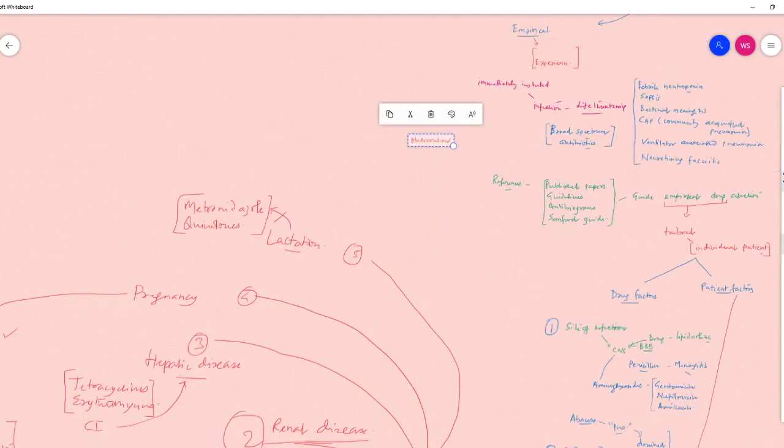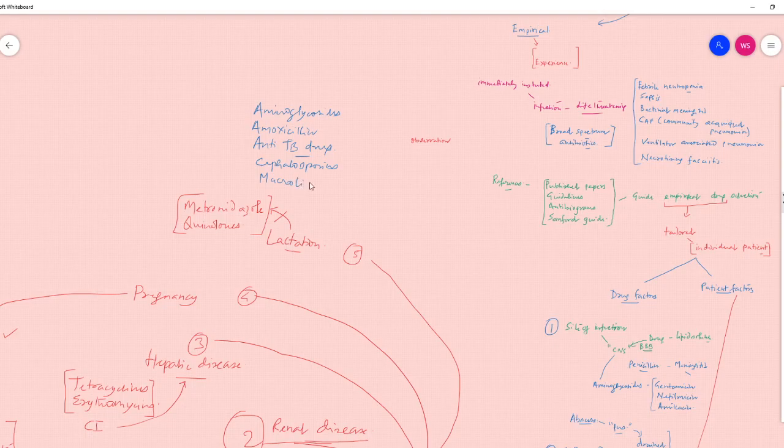The relatively safe drugs would be aminoglycosides, amoxicillin, anti-TB drugs, that is, drugs against tuberculosis, cephalosporins, macrolides, and trimethoprim-sulfamethoxazole can be given.